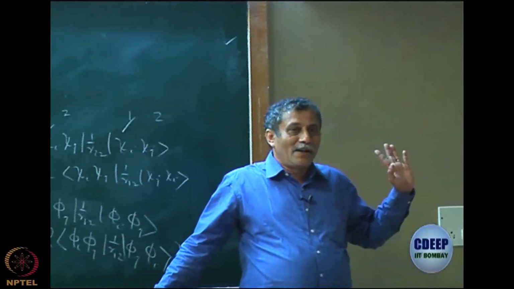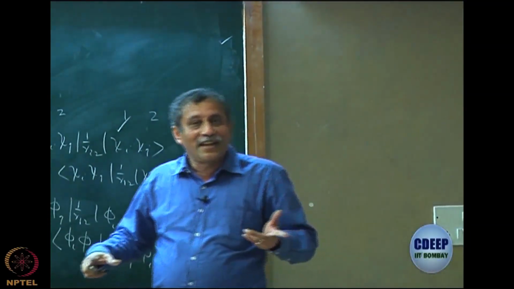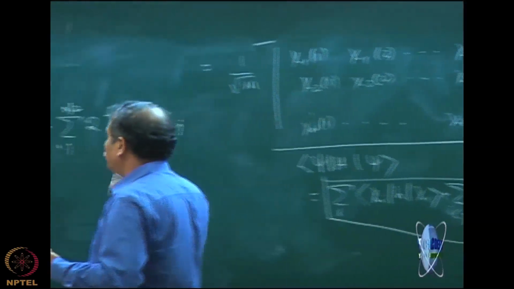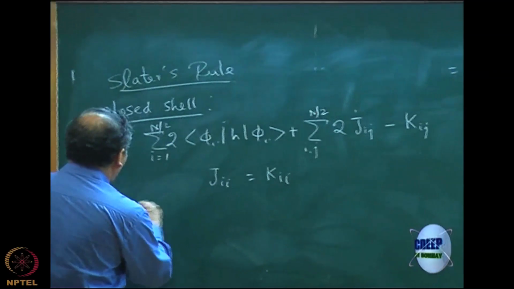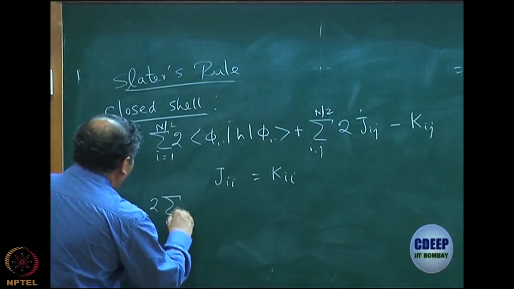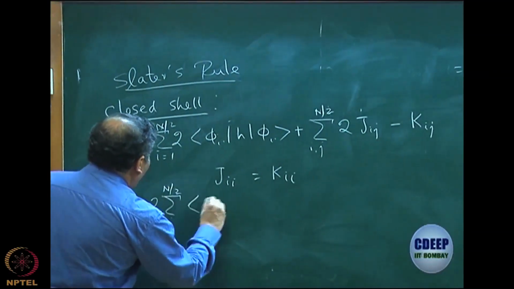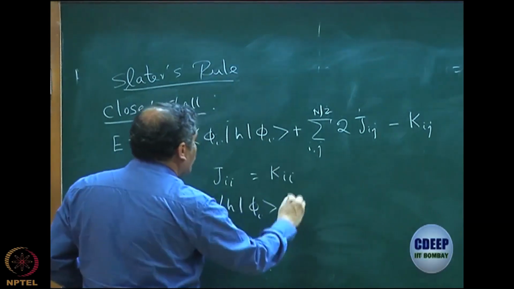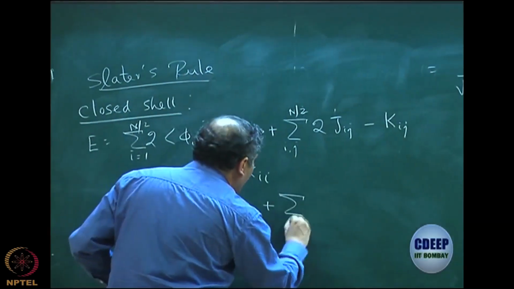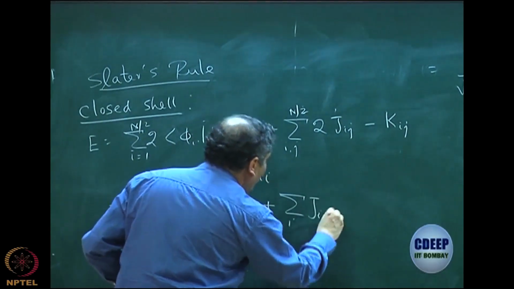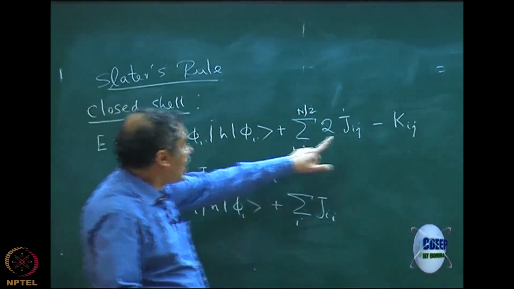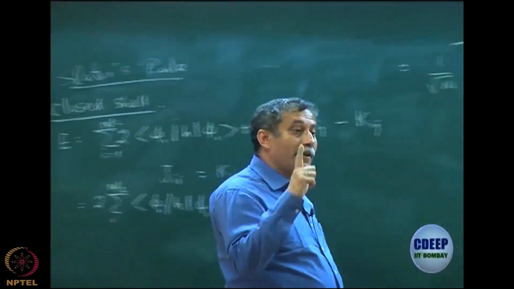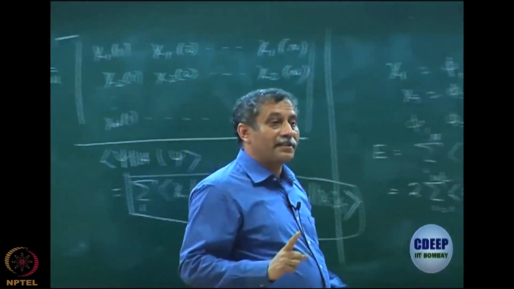That is equal. But unfortunately in the energy, i equal to j survives as one term. So this becomes now 2 times the sum over i up to n by 2 of phi i h phi i. For i equal to j, there is one term which survives, Jii. Because one Jii cancels one Kii, one Coulomb term survives, which is actually not surprising.